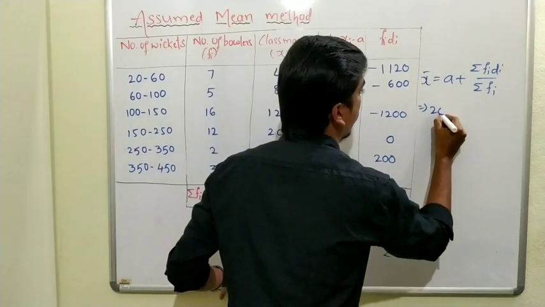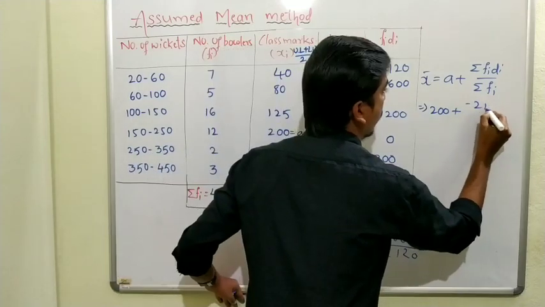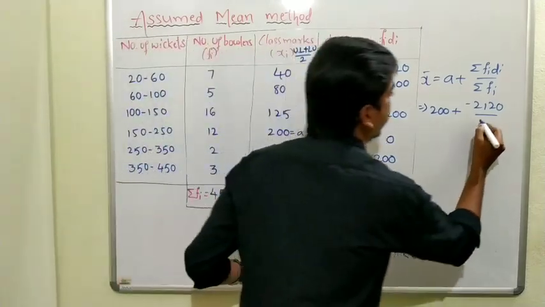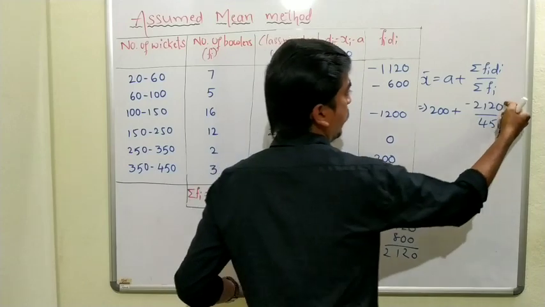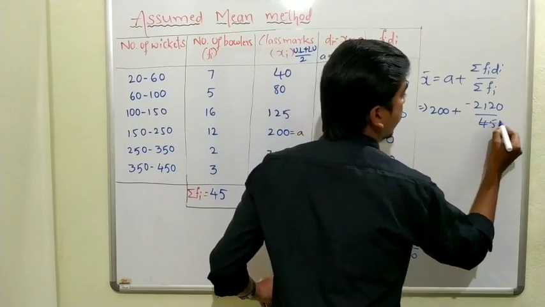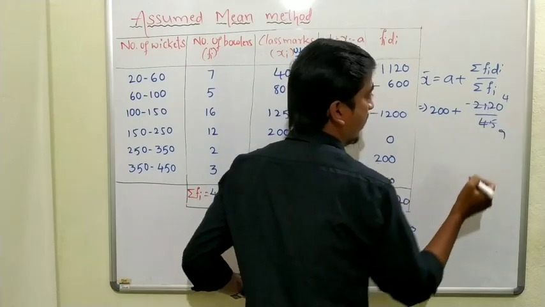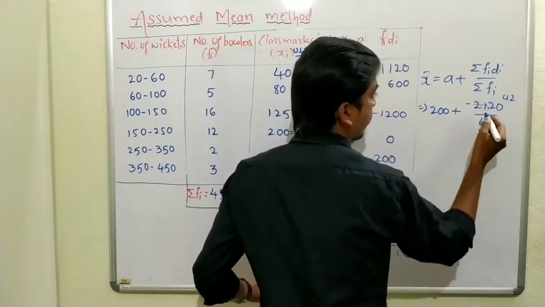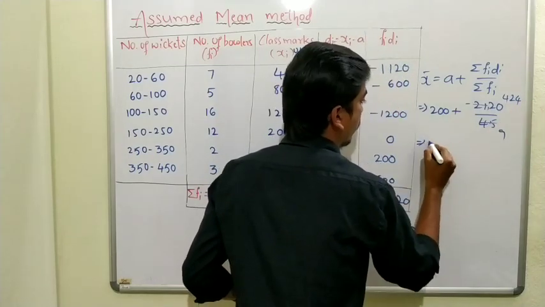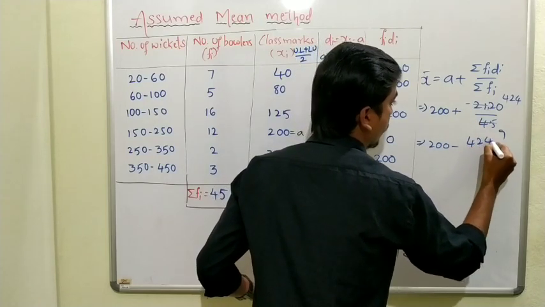So substitute: 200 plus minus 2120 divided by sigma fi, which is 45. Both numerator and denominator can be cancelled by the common factor 5. 5 times 9 is 45, and 2120 divided by 5 is 424. So 200 plus into minus, it's minus 424 by 9.